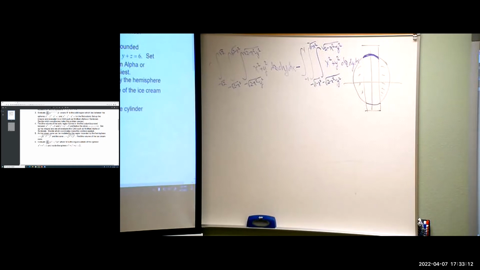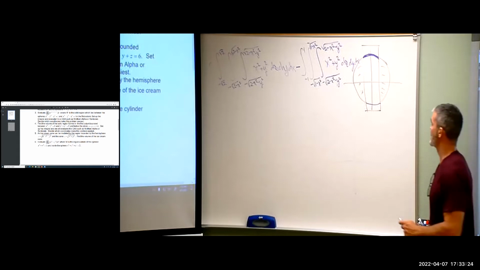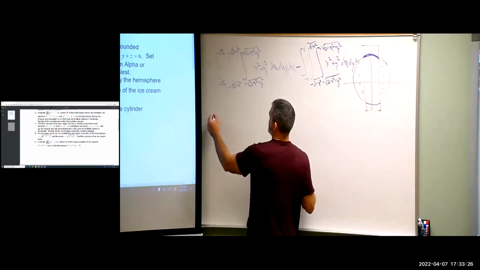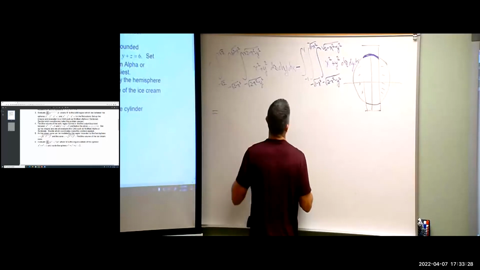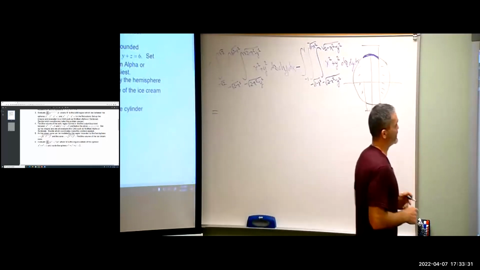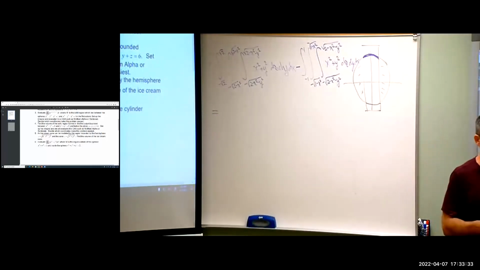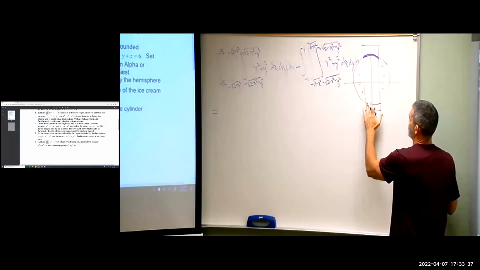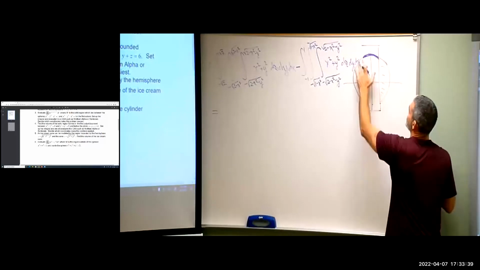So let's talk about doing it in cylindrical, because the advantage of cylindrical and spherical is that they will allow us to do it as a single integral. And here's why. First thing we need to think about is what is happening with z. So let's redo our drawing here.